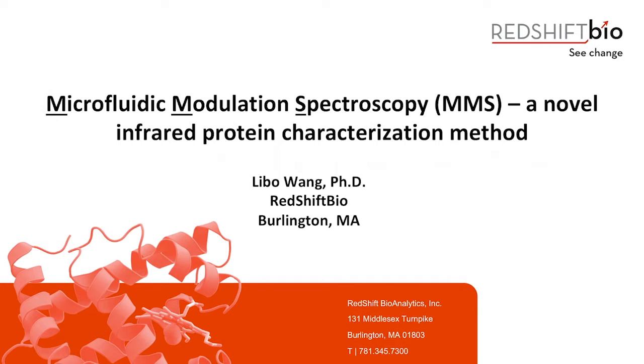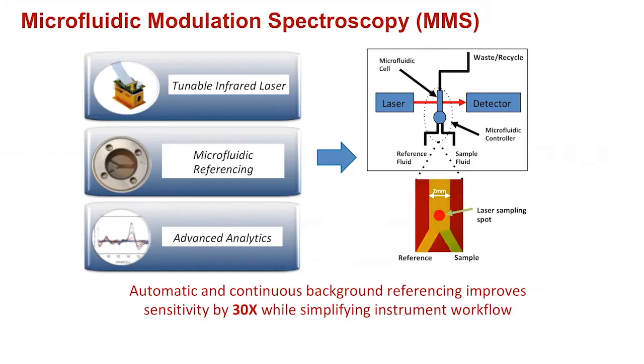Before she starts her story, I would like to give a very brief introduction on MMS technology and highlight some features and capabilities of the MMS analyzer, AQS²pro. MMS is a protein characterization method that analyzes the secondary structure of proteins.